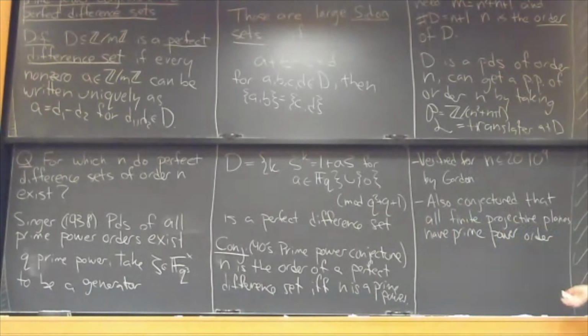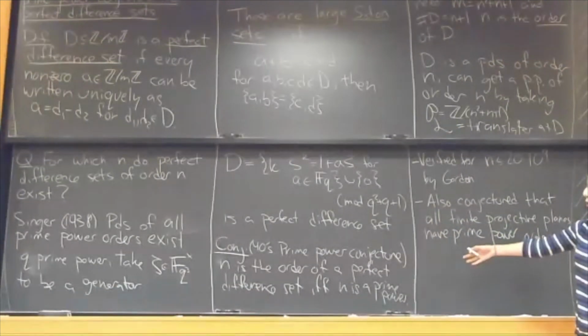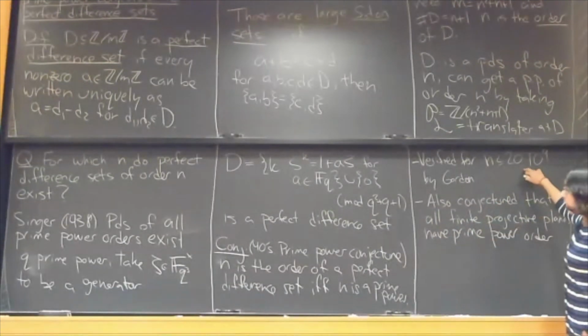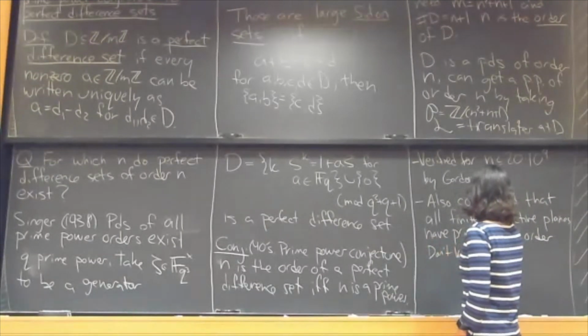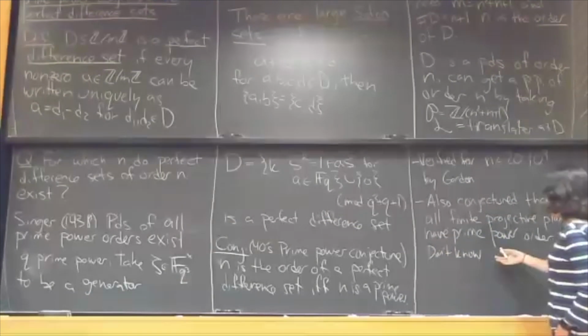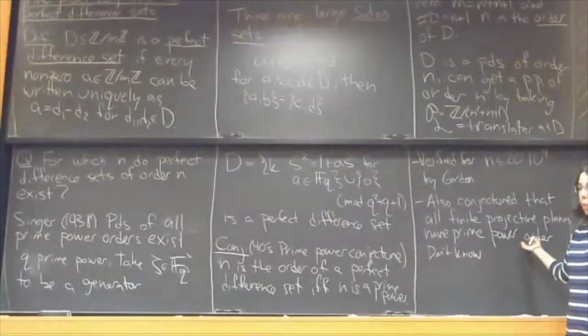But in contrast to where we know the prime power conjecture for perfect difference sets up to 20 billion, we still don't know whether there exists a projective plane of order 12.